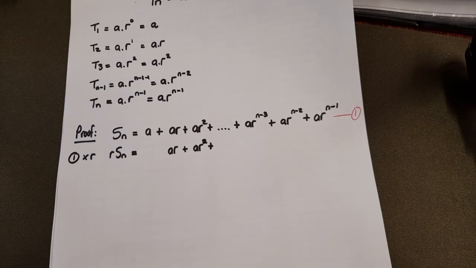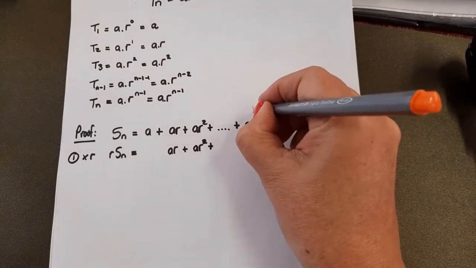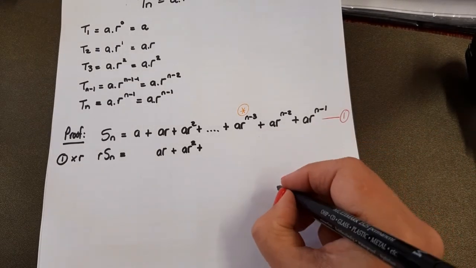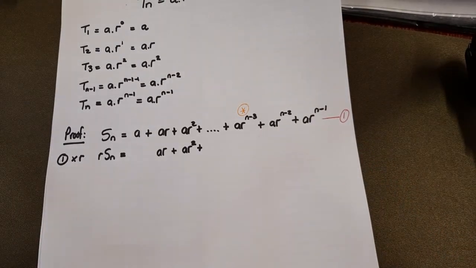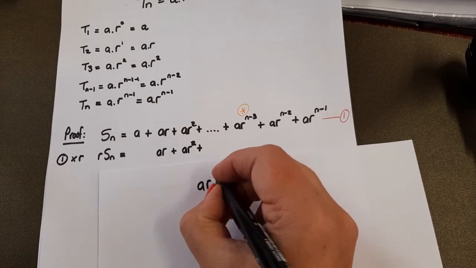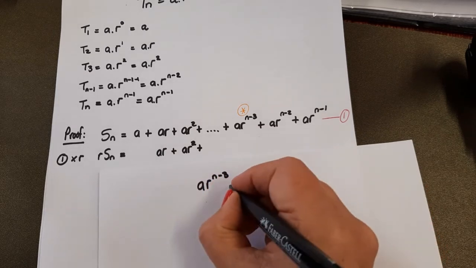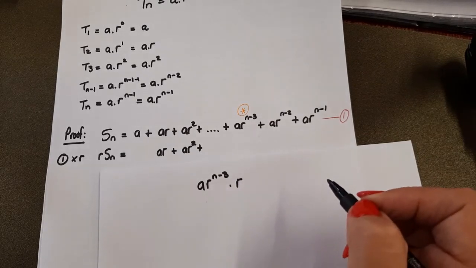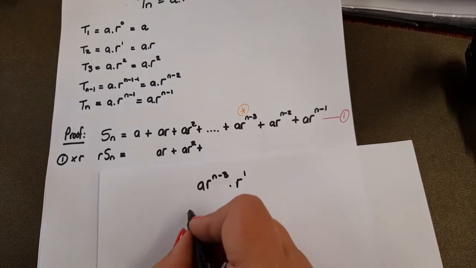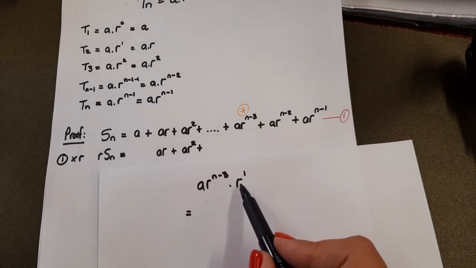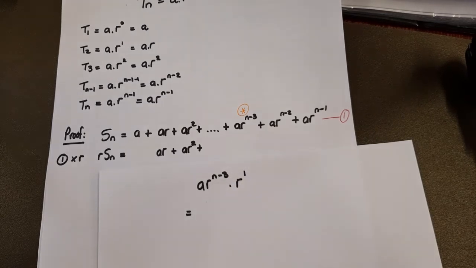Now if we take this term and we multiply it with r, we will get, okay, let me do this on a separate page, ar to the power of n minus 3 times r. The exponent of r will be 1. And you can remember from the exponential laws that if the bases are the same, you can just add the exponents.